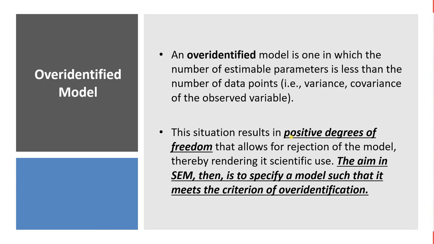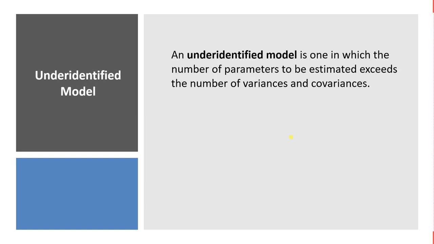And the third condition is the under-identified model. And you can guess what an under-identified model will be: when data points will be fewer than the number of parameters estimated. An under-identified model is one in which the number of parameters to be estimated exceeds the number of variances and covariances, that is the number of data points.